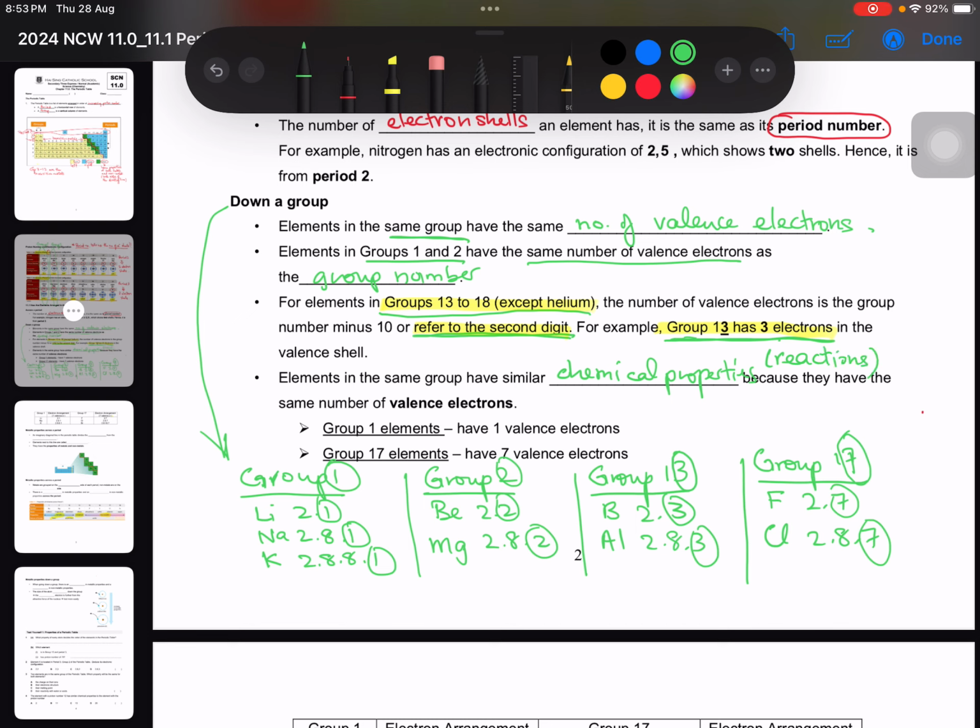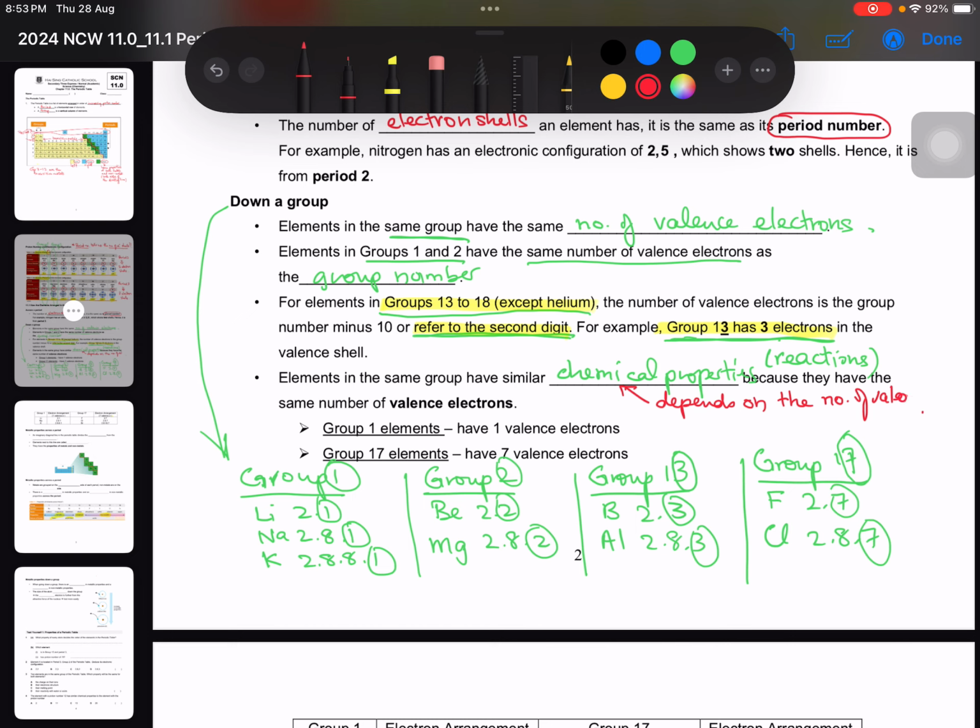So they will have similar chemical properties because they have the same number of valence electrons. So the chemical properties depend on the number of, well, not just the number, they must have the same number of valence electrons.